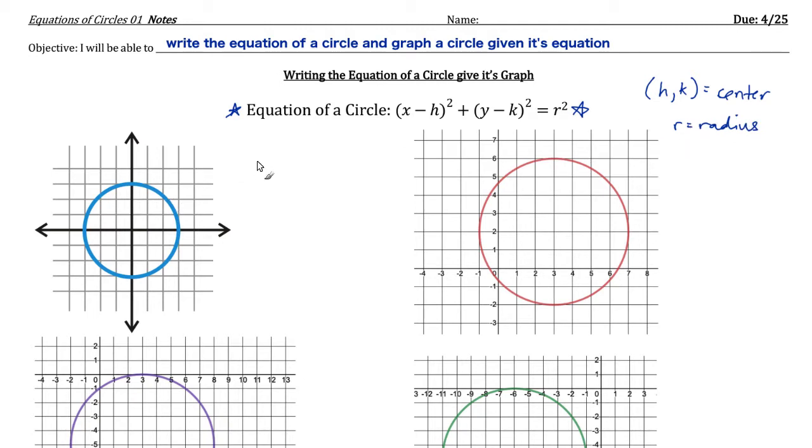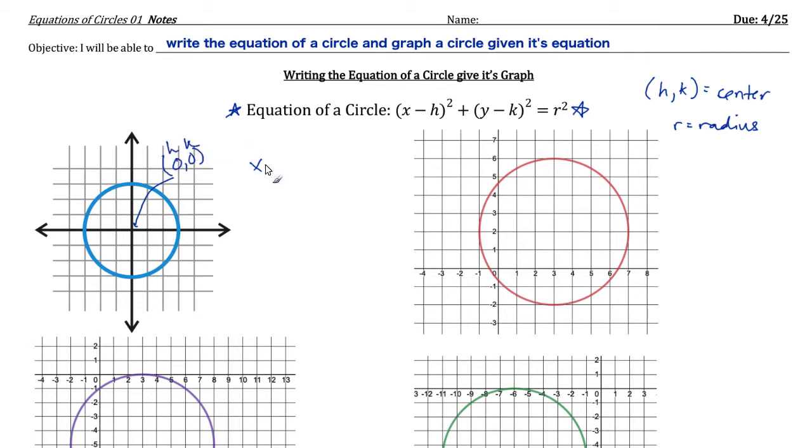So, for instance, our center is at 0, comma 0. So that's the h, that's the k.